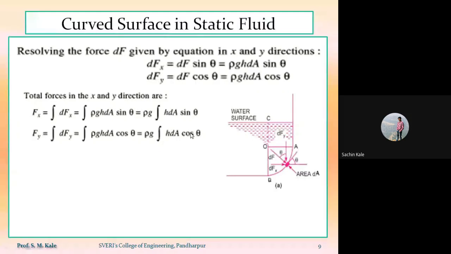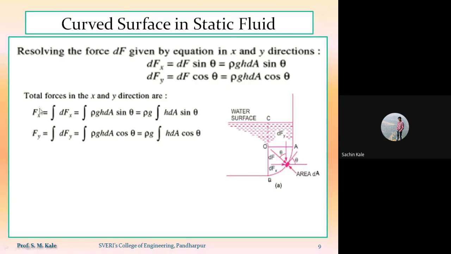आता ज्यावेळेस मला Fx आणि Fy च्या व्हॅल्यू भेटते, त्या ठिकाणी Fx आणि Fy काय इंडिकेट करते, Fx म्हणजे टोटल फोर्स ऍक्टिंग ऑन अ एंटायर कर्व सरफेस इन हॉरिझॉन्टल डायरेक्शन. आणि Fy म्हणजे काय, टोटल फोर्स ऍक्टिंग ऑन अ एंटायर कर्व सरफेस इन अ व्हर्टिकली डाउनवर्ड डायरेक्शन.